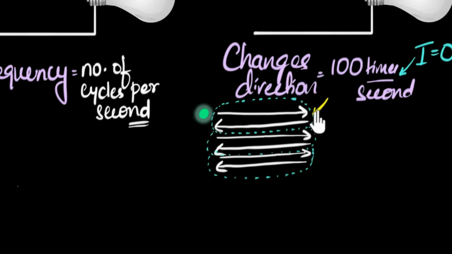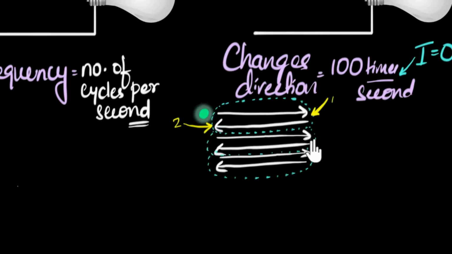So the electron changes direction once, and then it comes back, and it finishes its cycle when it changes its direction again. Why? Because notice, the next cycle cannot begin unless you change your direction. So the electron finishes its first cycle after changing its direction again. So it changes direction once, it changes direction a second time. So in 1 cycle, the electron is changing its direction 2 times.